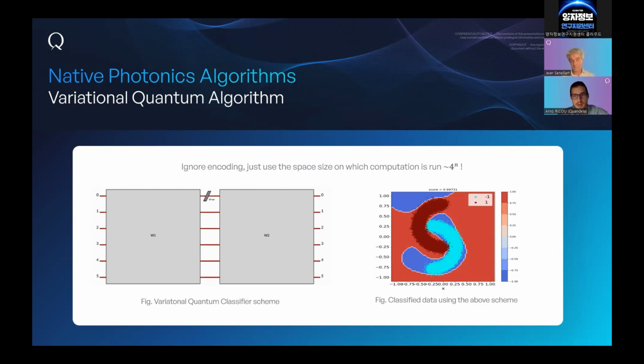It's scaling as 4 to the power of n, with n being the number of photons, whereas if you play with photons as qubits, the size of the computational space is just 2 to the power of n. Using this approach, we were able to classify data, such as the moon dataset we show here.